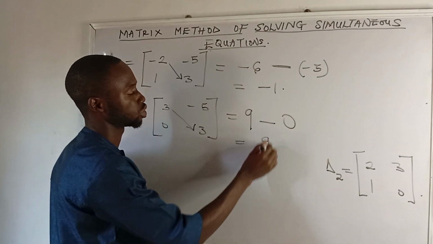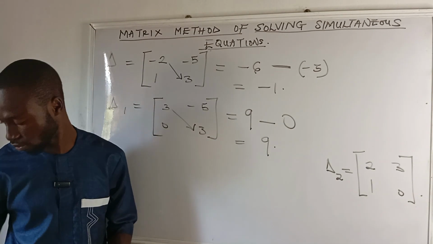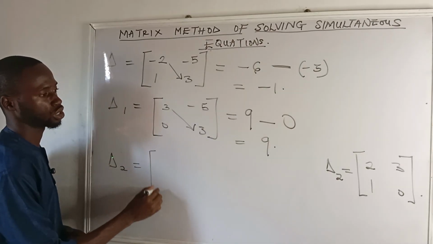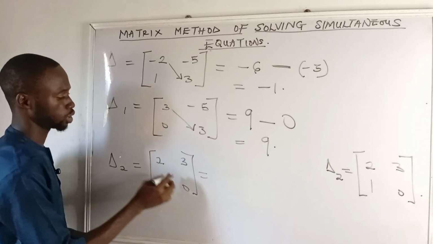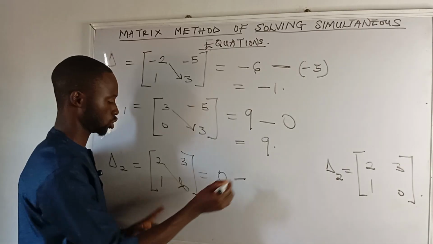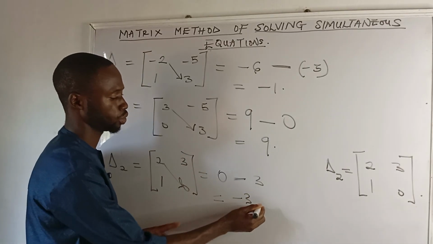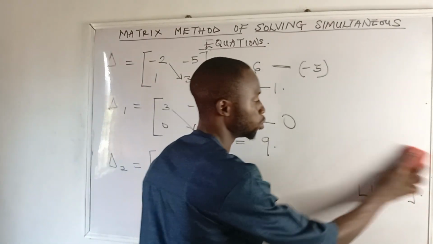So the answer of delta 1 is 9. So let's do delta 2. Delta 2 gives us minus 2, 1, 3, 0. Let's multiply the diagonals together. Minus 2 times 0 gives me 0. Minus 1 times 3 is 3. And then my answer is minus 3, because 0 is nothing. Just write the minus 3 that we have there. So we are almost rounding up.